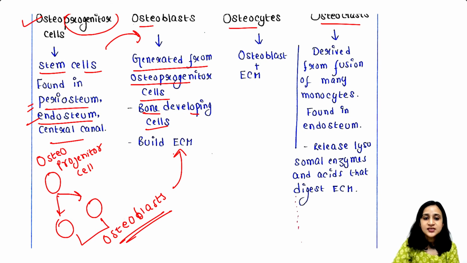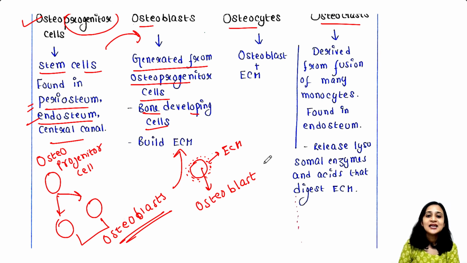And when osteoblast, suppose this is the osteoblast, so this cell is secreting some extracellular matrix like this. So this is the extracellular matrix. So this is the osteoblast, and this cell is secreting the extracellular matrix.